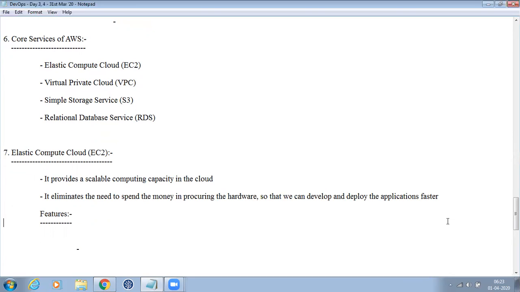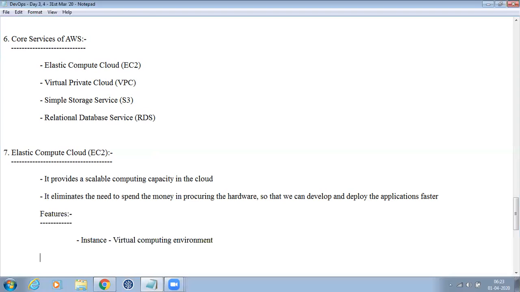It's under EC2 only, we are talking about the features. Okay. Instances. What is an instance? It is a virtual computing environment.